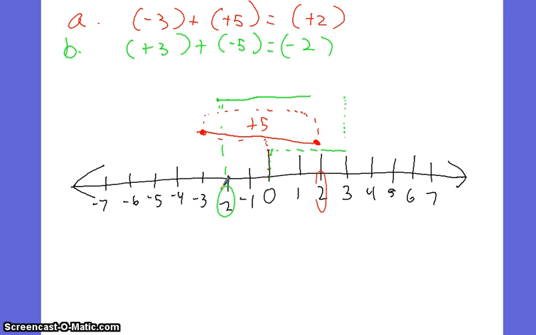One more to kind of indicate my point. -5 plus -3 equals -8. Now this time I'm going to write this below it so we can see this third one. So this time I would start again at 0, go to -5. That's my starting ground. And now I'm going to add another -3. So I'm going to continue my journey to the left.